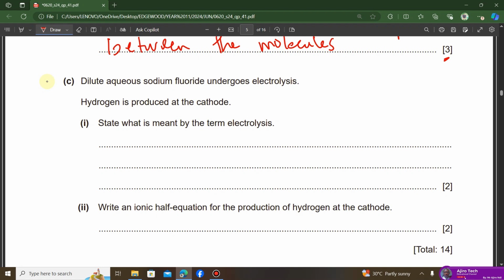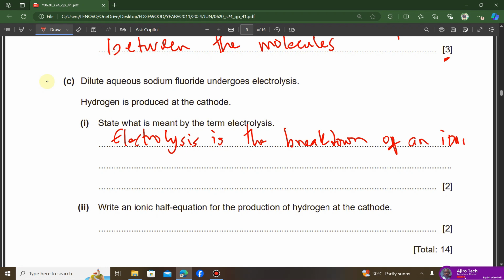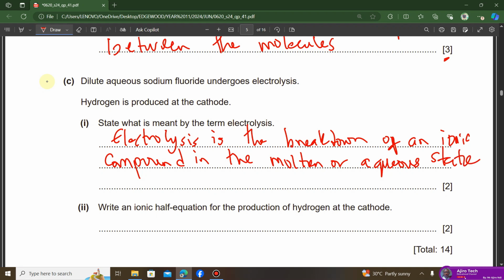So electrolysis is the breakdown of an ionic compound in the molten or aqueous states, by passing electricity through it.